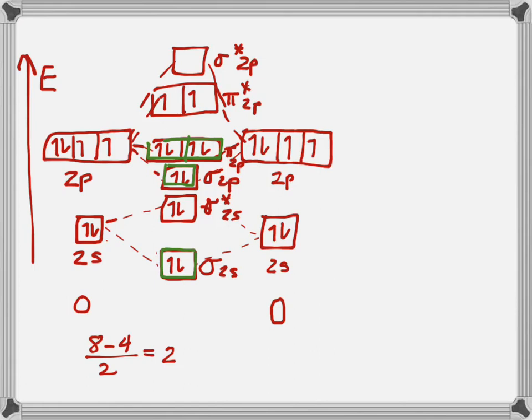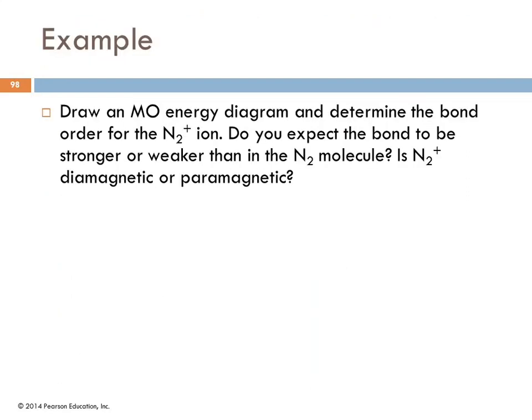So now let's go back to our example and see if I can do it a little neater. Draw the molecular orbital diagram and find the bond order for the N2 plus ion. Okay, so nitrogen.